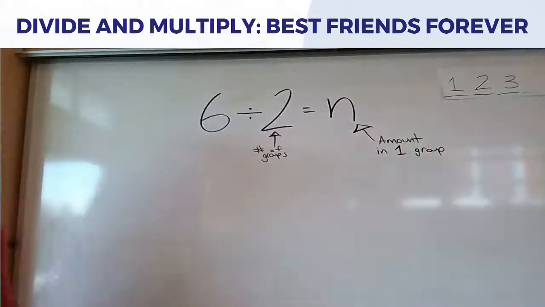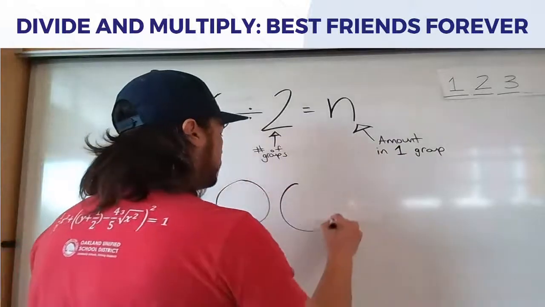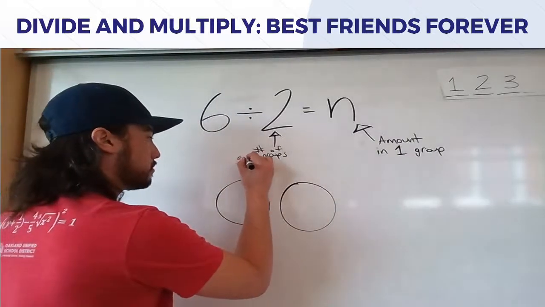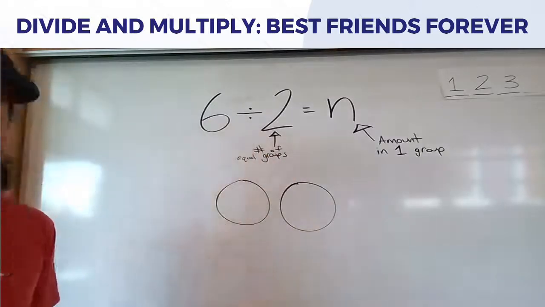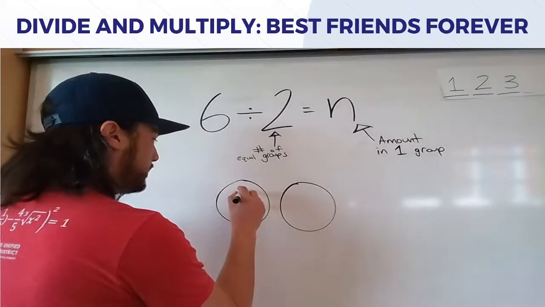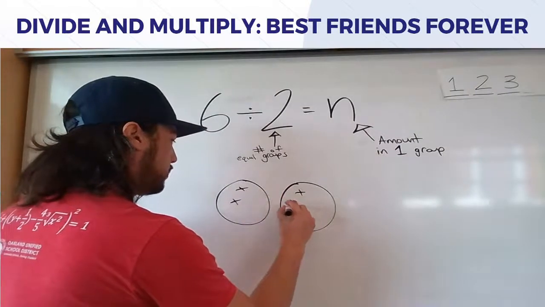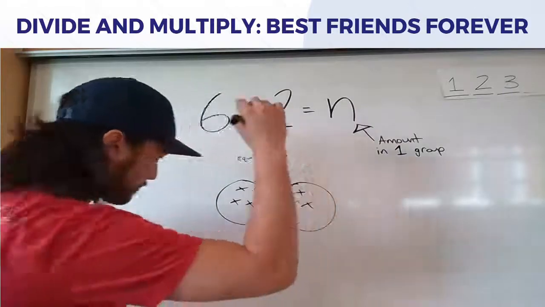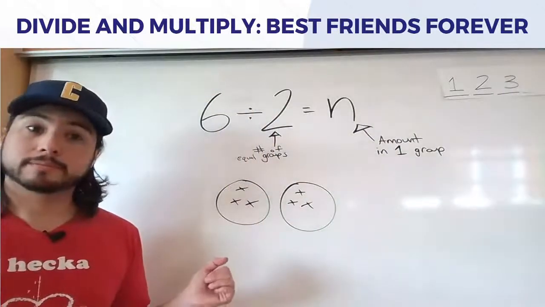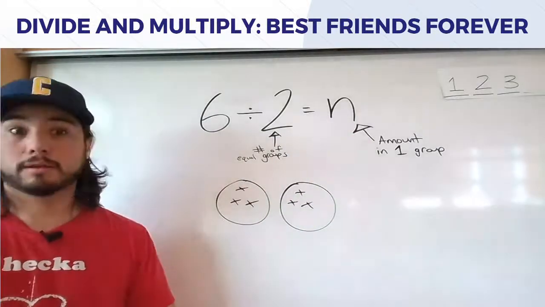So we take our 6 and put it into 2 equal groups. I'm going to take my 6 and deal it out: 1, 2, 3, 4, 5, 6. And how much is in one group? 3. So our n equals 3. 6 divided by 2 equals 3.